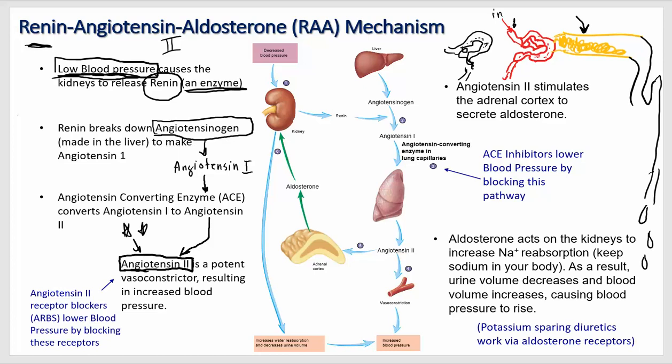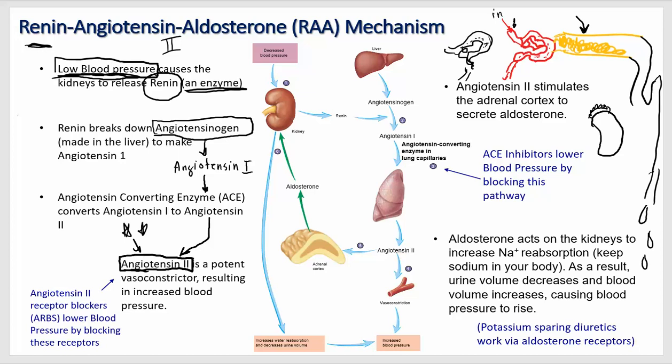Angiotensin 2 also stimulates the adrenal cortex to secrete aldosterone. Remember, the adrenal gland sits like a hat on top of the kidneys. The cortex is the outer part. The medulla, where cortisol and epinephrine are released, is the inner part.